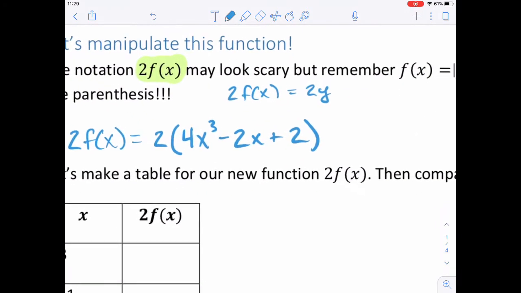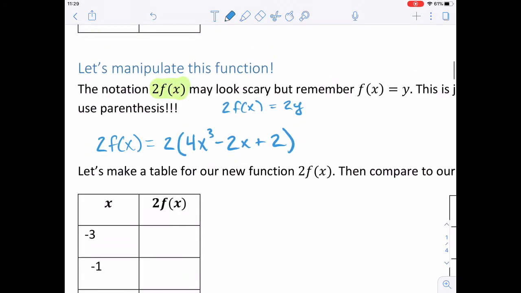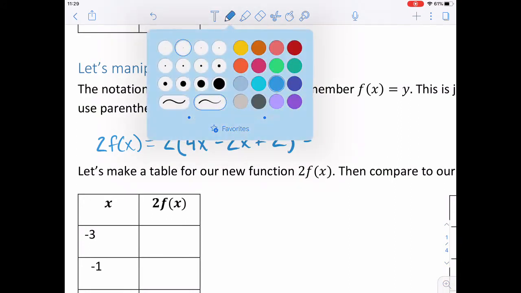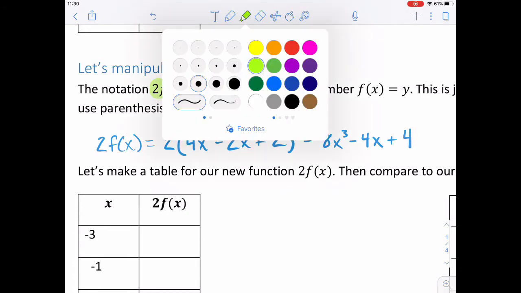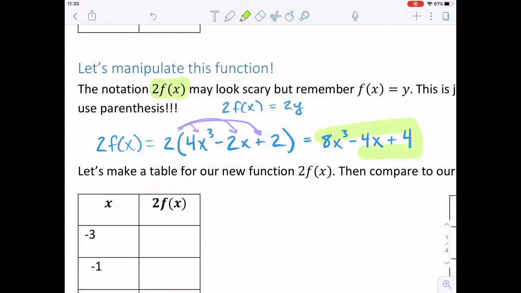And so we can actually find this. All we have to do is distribute in that 2 goes to each of our terms, and we get 8x cubed minus 4x plus 4. So this is 2 f of x.